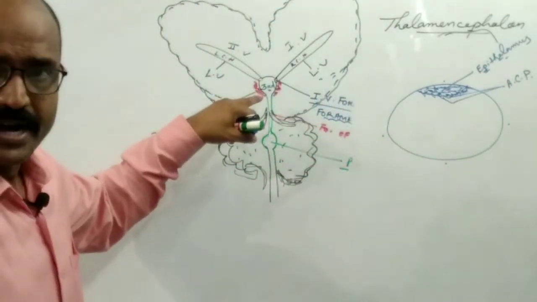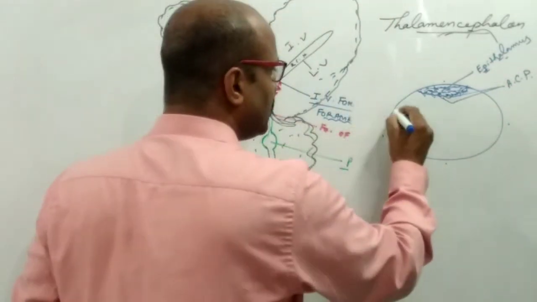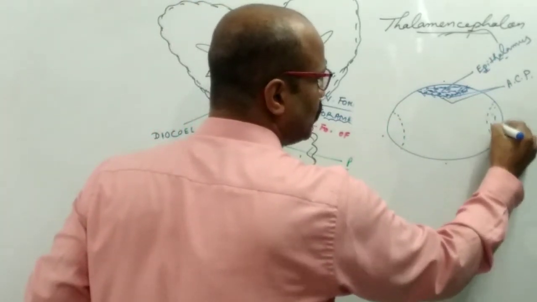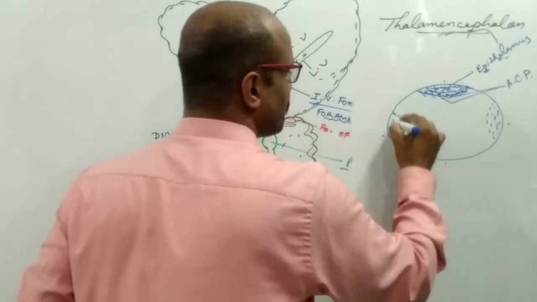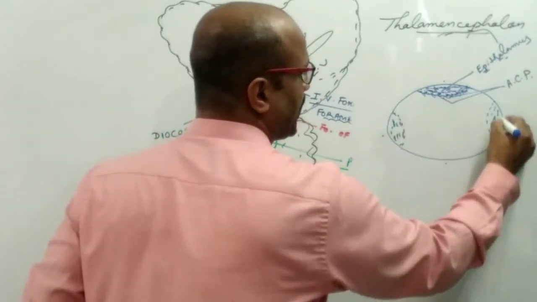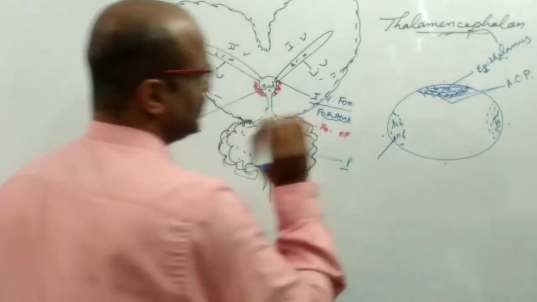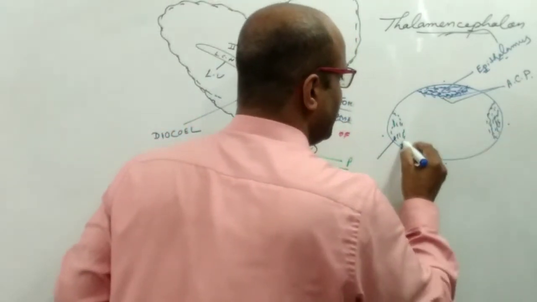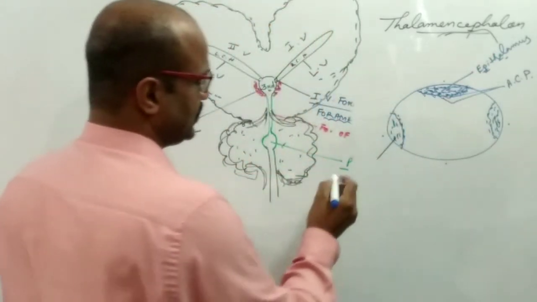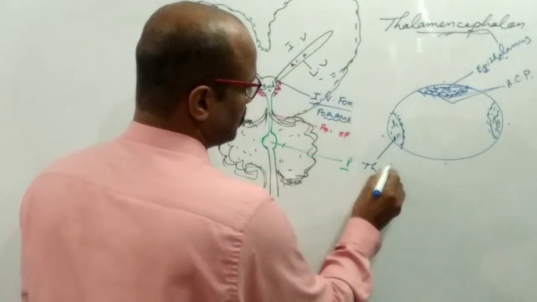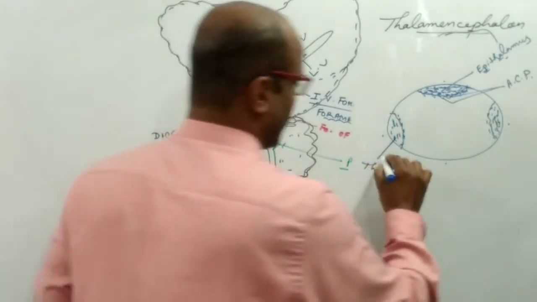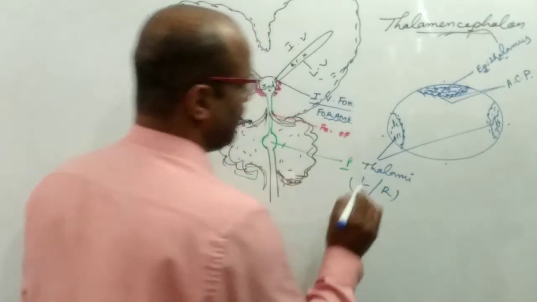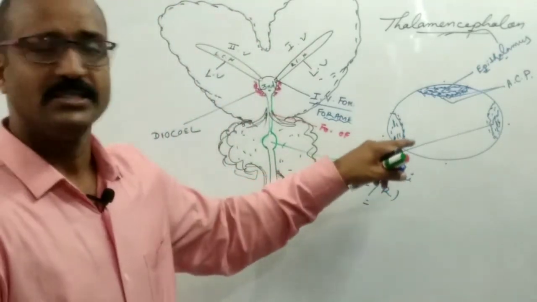So the lateral wall of the third ventricle also contains the neural mass, and such neural mass forms the right and left thalami, and this forms the thalamus.